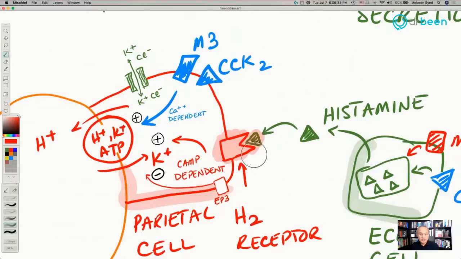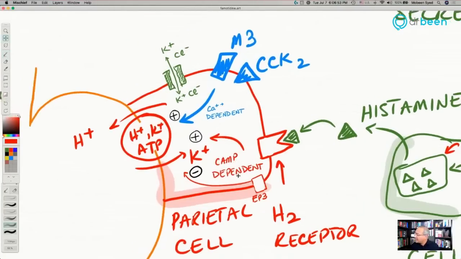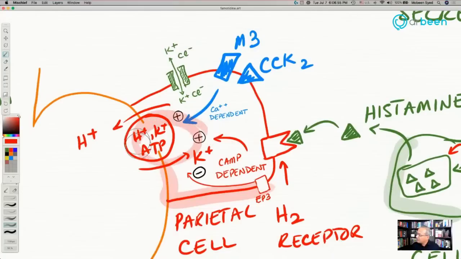This is an H2 receptor, the histamine receptor type 2. Of course, there is histamine receptor type 1 as well. When histamine, this green triangle, connects with the receptor, it increases cyclic AMP production inside the cell. That in turn causes this pump to work more vigorously.